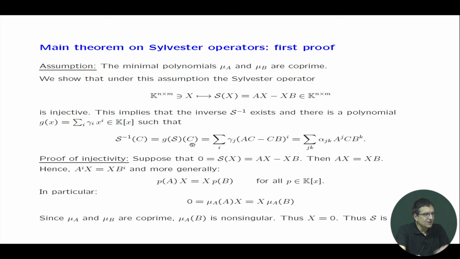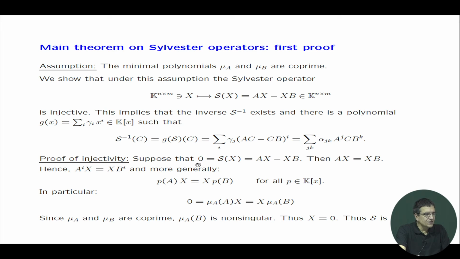Okay, I will show this in a minute. We show that this map is one-to-one. So we have to check whether the kernel of this linear map is 0 or not. In other words, does the homogeneous equation have only the 0 solution, or are there more solutions?